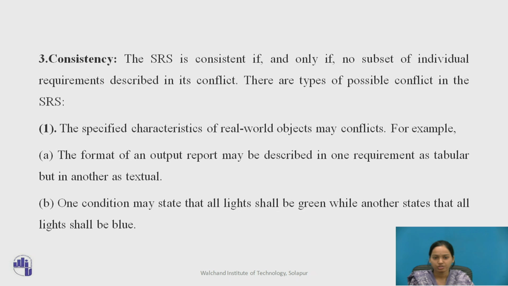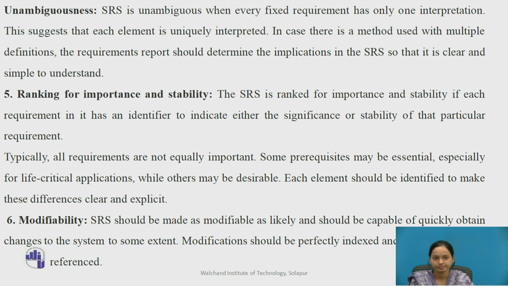Second, one condition may state all the lights shall be green, while another states all lights shall be blue. Unambiguousness: an SRS is unambiguous when every stated requirement has only one interpretation. This suggests that each element is uniquely interpreted.